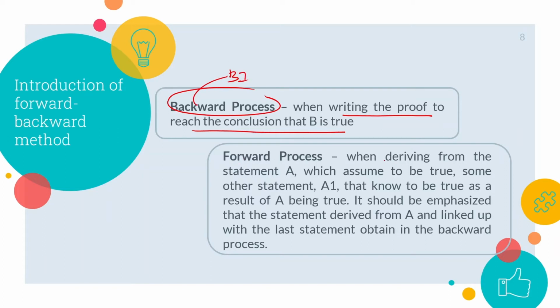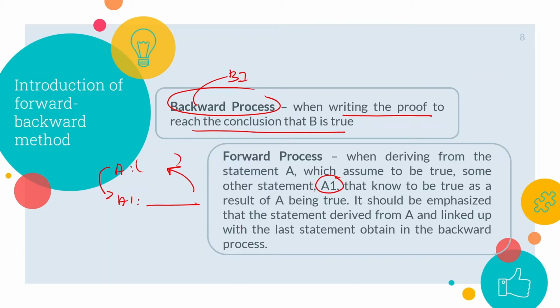Okay, the forward process is when deriving from statement A, which is assumed to be true, some other statement A1 that is known to be true as a result of A being true. So from the hypothesis, we come out with A1, which is a statement that is true if A is true. Since we assume that A is true, statement A1 that comes from A will be true.